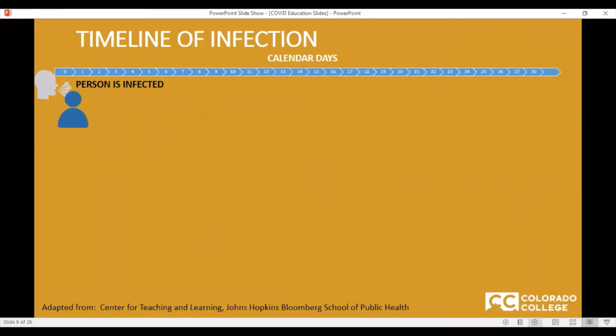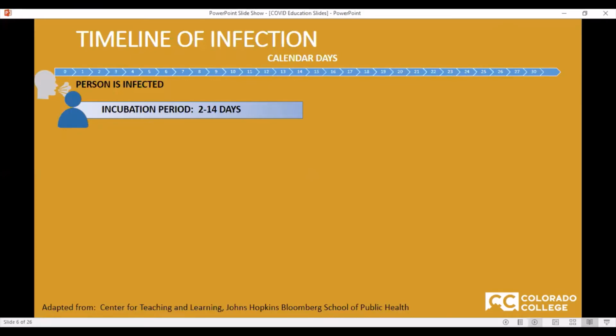Let's take a look at the timeline of infection. At day 0 on this timeline, our blue person is infected through exposure to the droplets emitted by a person who's ill with COVID-19. The incubation period for the virus is between 2 and 14 days.